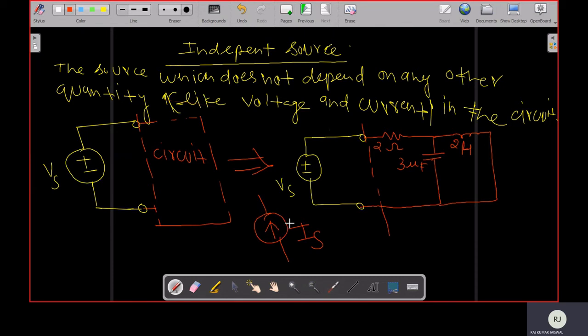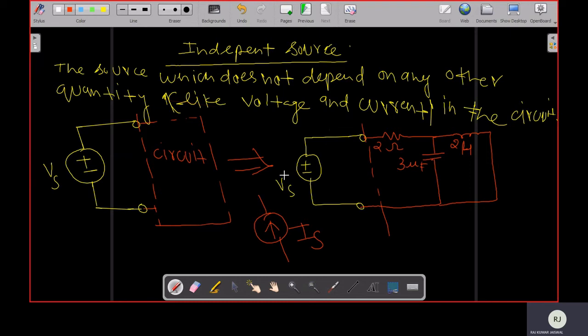This is the symbol representation of current source. This is the symbol representation of voltage source, but it is independent of the circuit. Whatever circuit elements are there, these are independent from that. They are not depending on any other quantity in the circuit. That's why it is called the independent source.